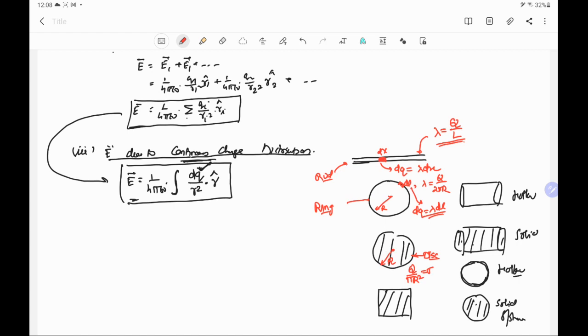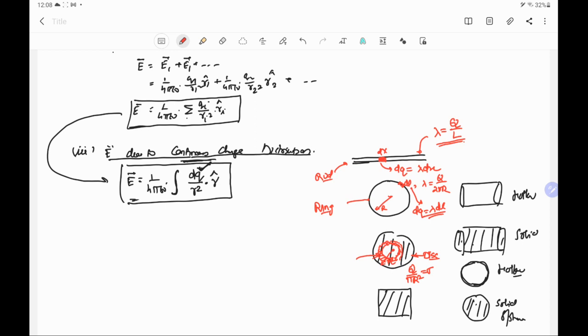In that case we have to take an elementary area. In the general symmetrical case, we will take an elementary ring of radius say small r with thickness dr. So this is the elementary ring whose charge will be treated as an elementary charge.